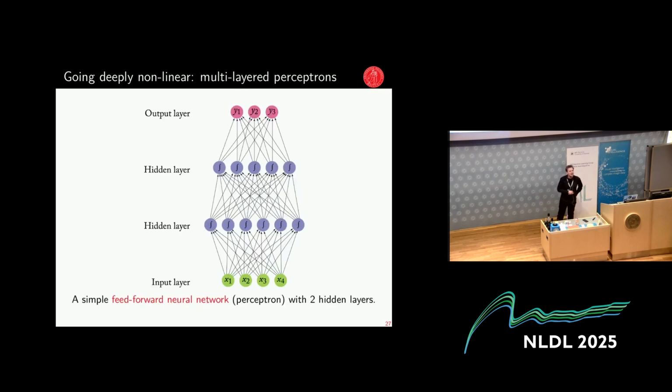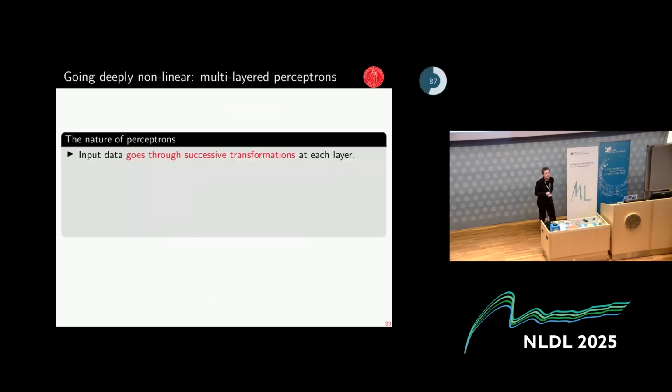Right. So again, just maybe a more familiar image of a neural network. So this is a so-called feed-forward neural network, or perceptron, with two hidden layers, right? And conceptually, without going into much detail, the idea of feed-forward neural networks is basically that the input data goes through successive transformations at each layer.